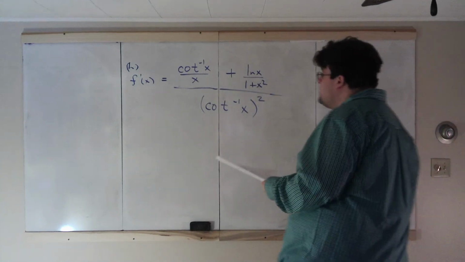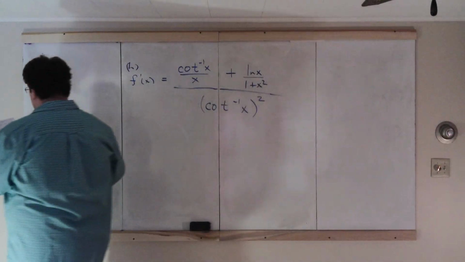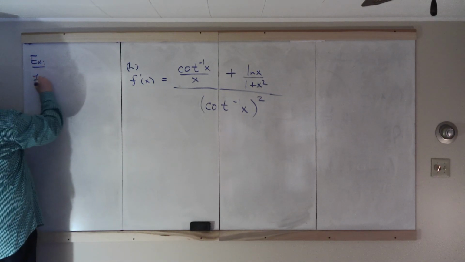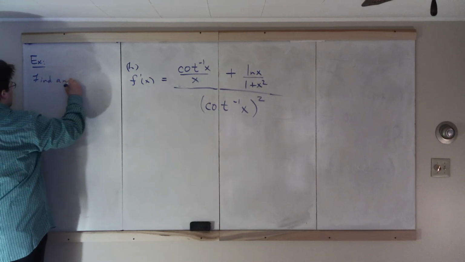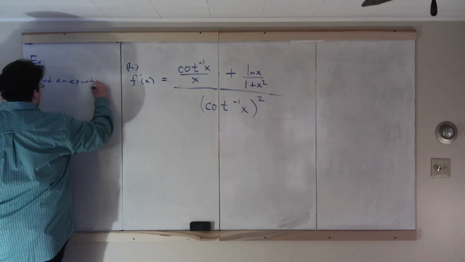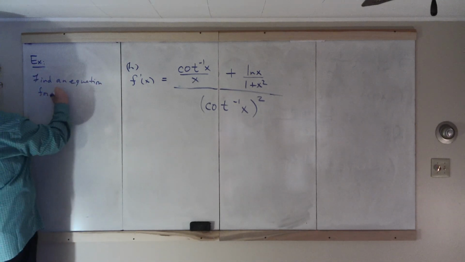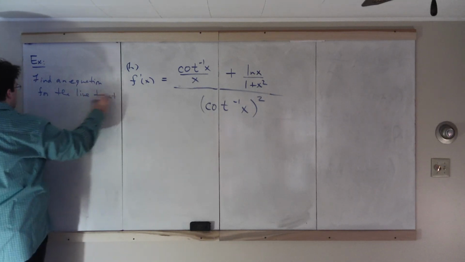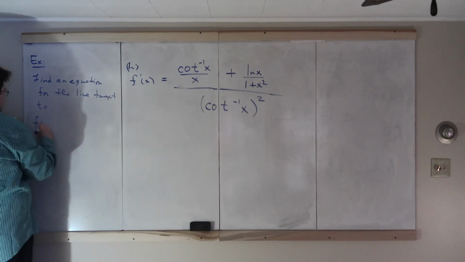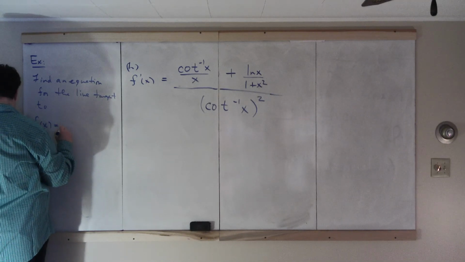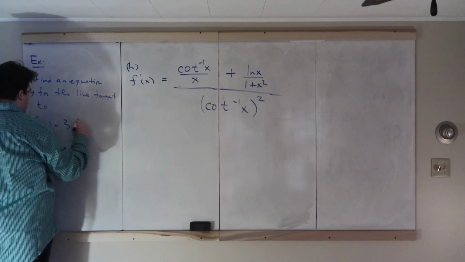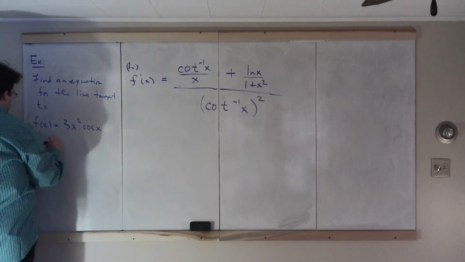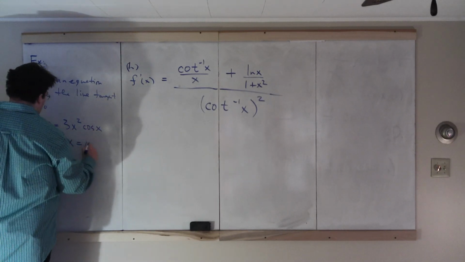Example: find an equation for the line tangent to 3x squared cosine x at x equals pi.